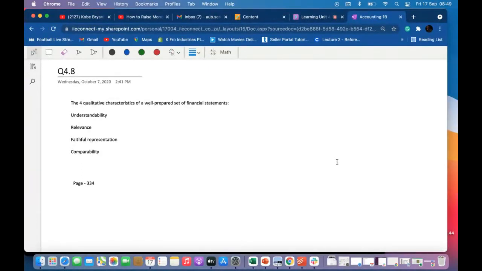So that our users can see material things and make decisions. In other words, so that the financial statements are relevant for them. Faithful representation, and comparability.